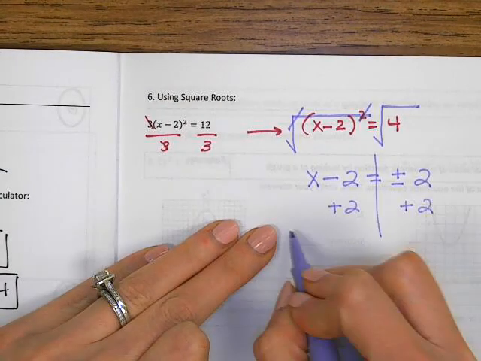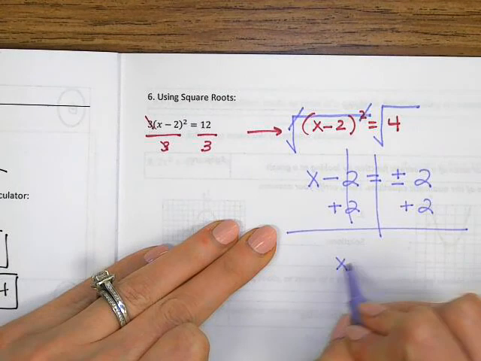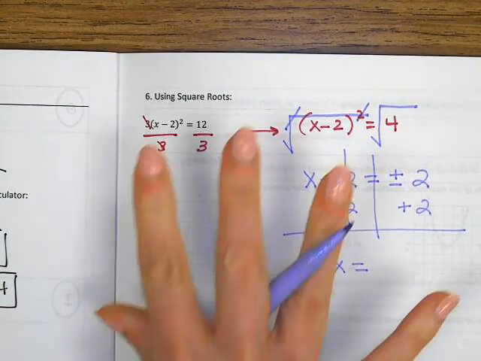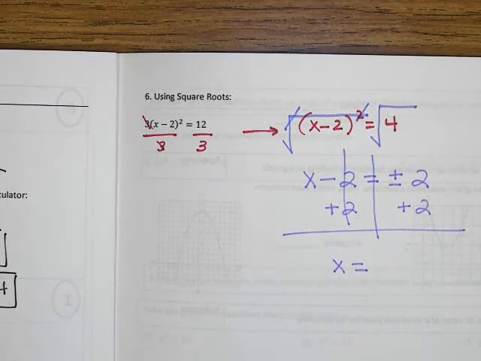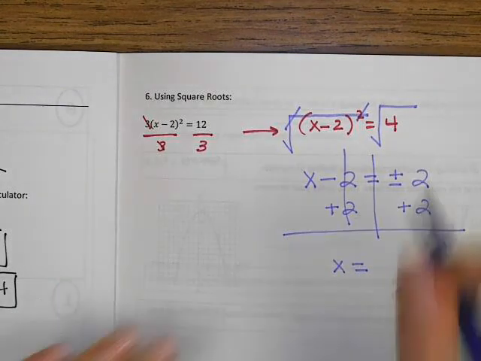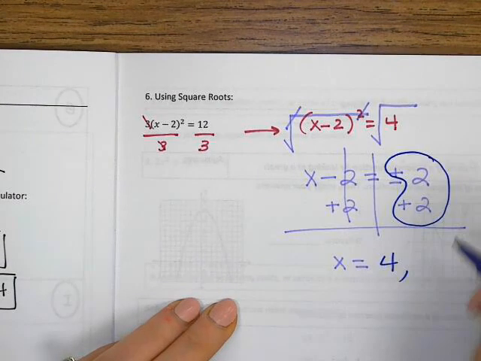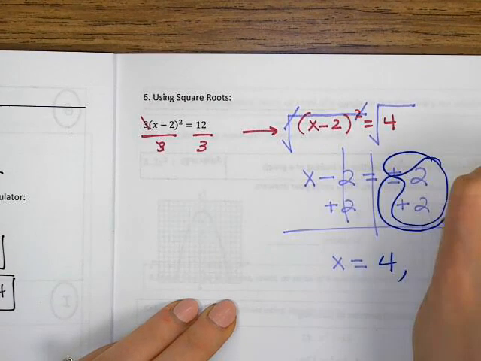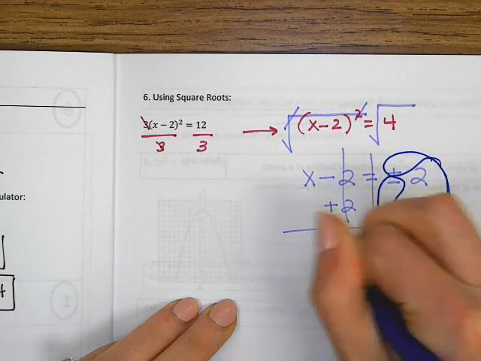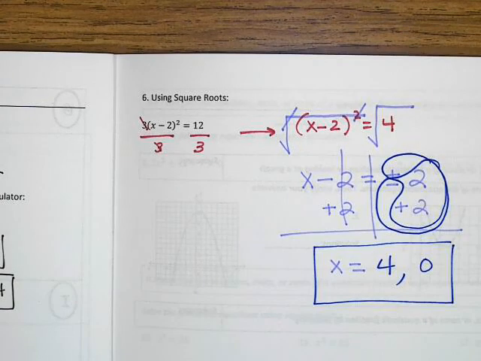So our two answers. Now, this is a different problem, so we're not going to get 2 and 4 again. Well, actually, we will get one of them. Positive 2 plus 2 is 4, and negative 2 plus 2 is 0. So this is a different problem. Answers are 4 and 0.